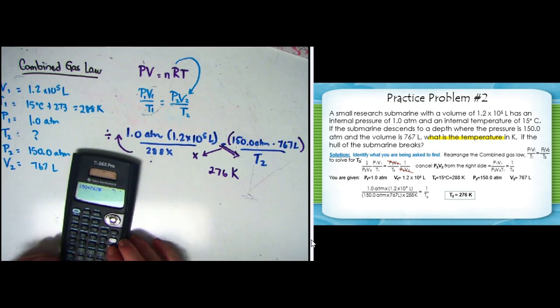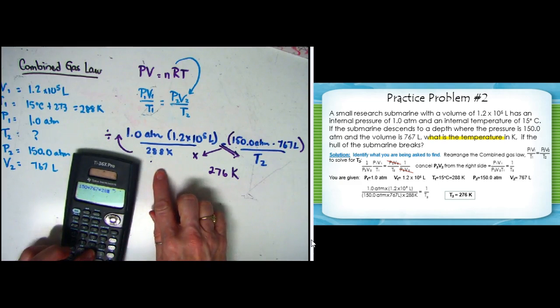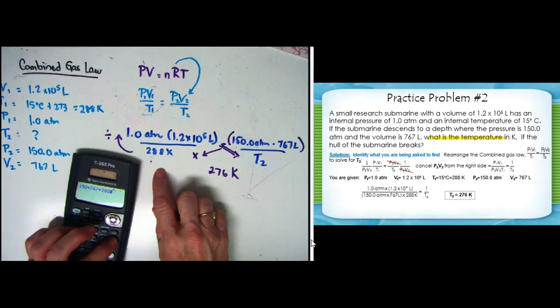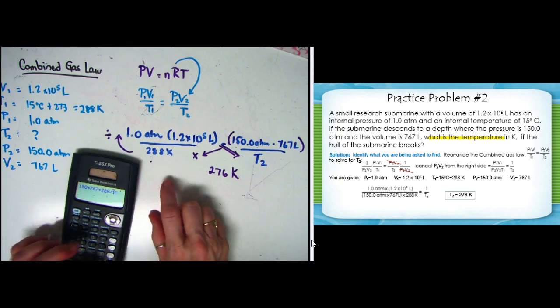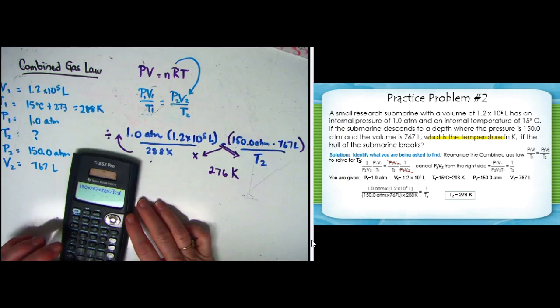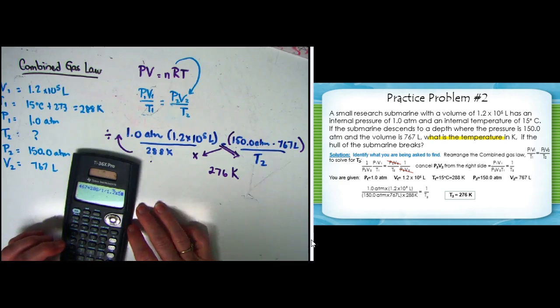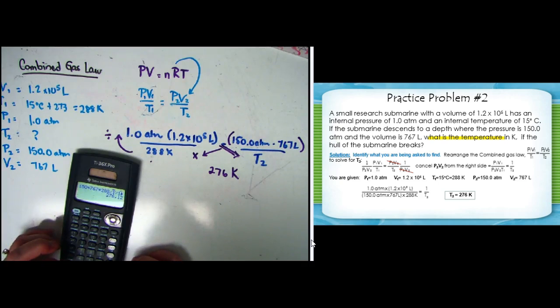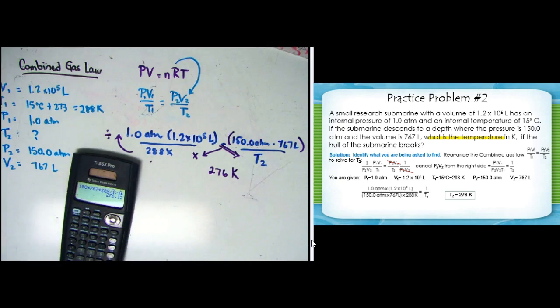I'm going to multiply that by 288. I'm going to divide by 1. I'm going to divide by 1.2 e to the 5th. And I'm going to hit enter. And I'm going to get 276.12.